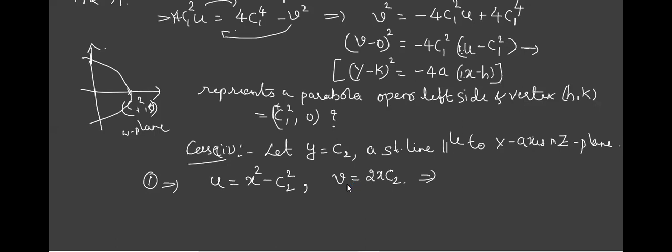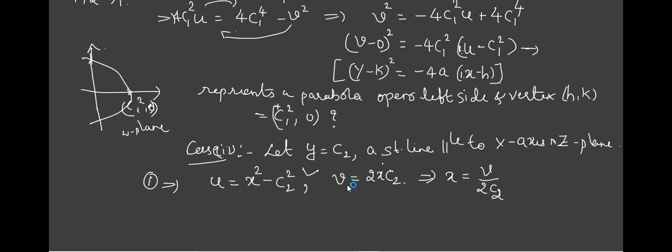Again, in a similar way, what is our intention? We need to eliminate x. How can we do it easily? See this equation and write the value of x. What is x from here? v by 2c2. Where can this be substituted?